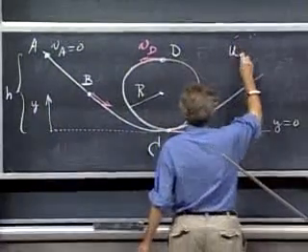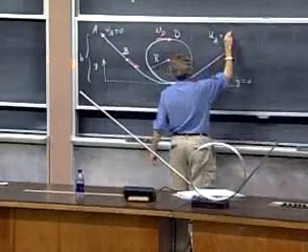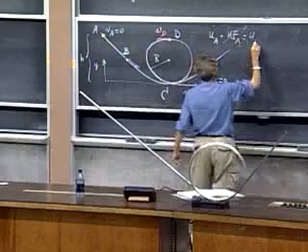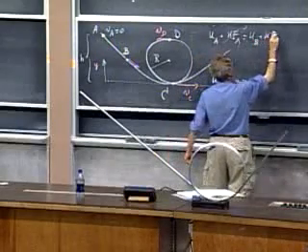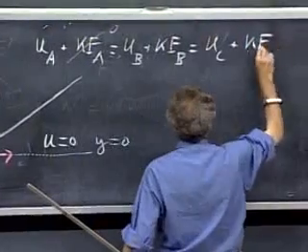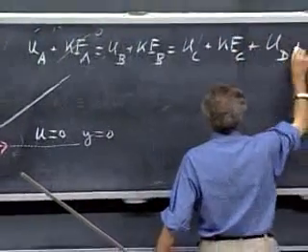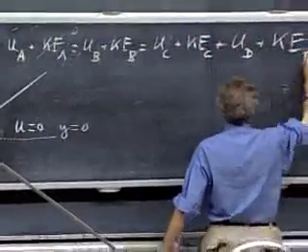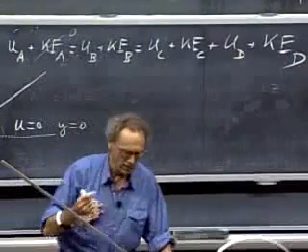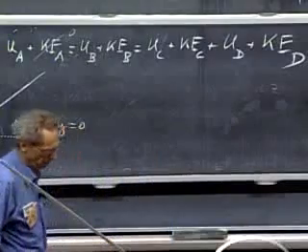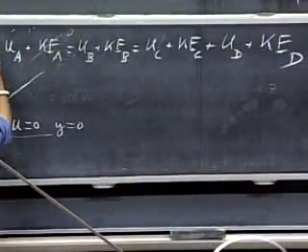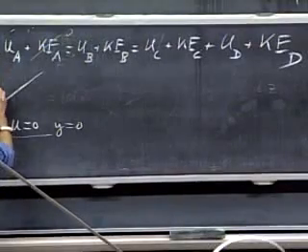So I know that U at A plus the kinetic energy at A, which is 0, must equal U at B plus kinetic energy at B, must equal U at C plus kinetic energy at C, must equal U at D plus kinetic energy at D, if there is no friction, if there are no other forces, only gravity. So no energy is lost to friction. We know that this height difference is 2r.